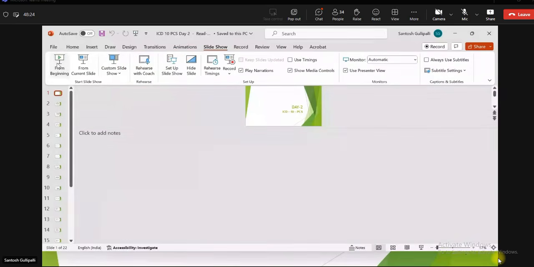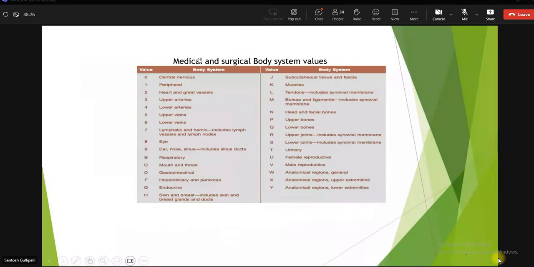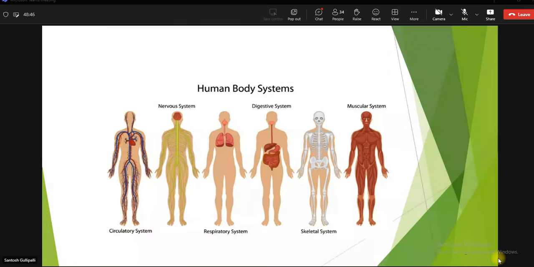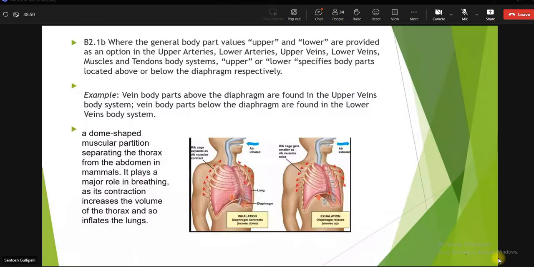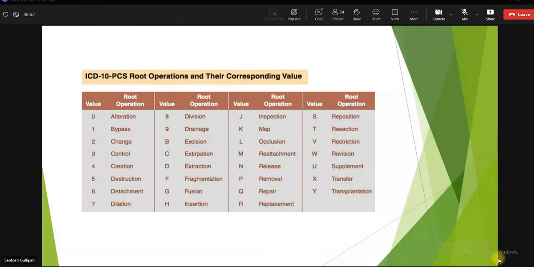So gastrointestinal system or digestive system, both are the same. What is the character value for gastrointestinal system? D. Okay, 0 medical and surgical section, the second character value is D. The third character, removal of appendix, so we consider resection. Since the entire appendix is removed, the root operation is resection.